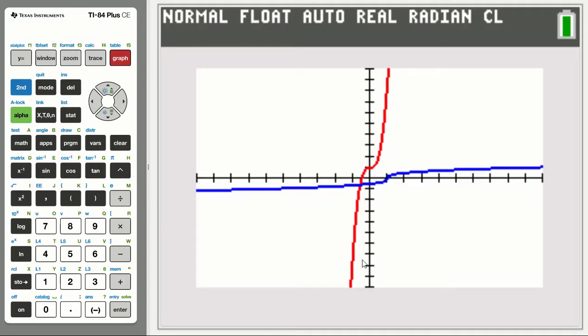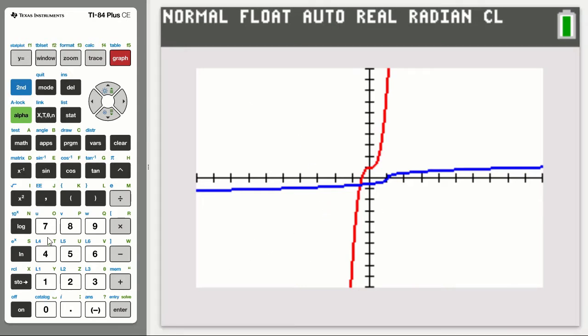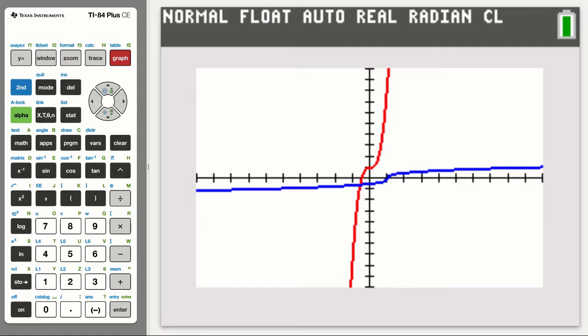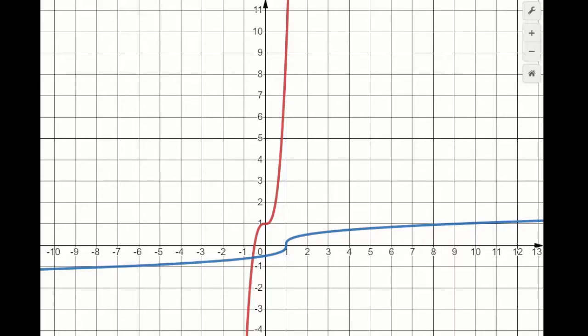Now with this graph on the TI calculator, unlike Desmos, the resolution is not so good. And it's not in square zoom, so you can see it's a little bit out of scale. We want to adjust it to look similar to Desmos, because Desmos is in square scale, so the grids are square and we recognize more easily the relationship between f and f inverse.